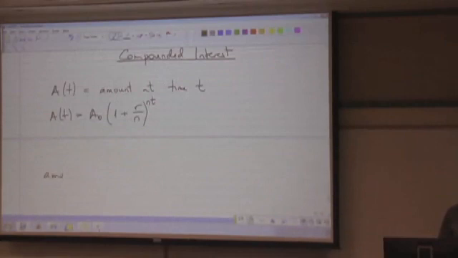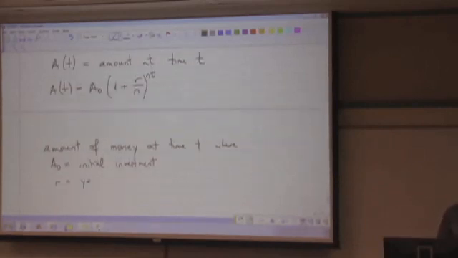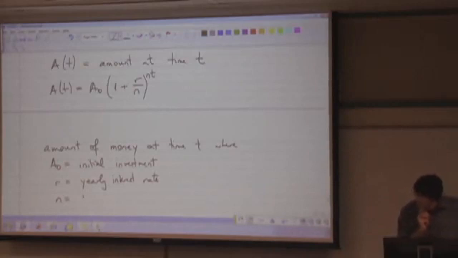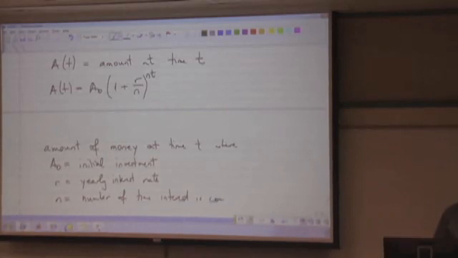This is the amount of money at time t, where A0 is the initial investment, r is the yearly interest rate, and n is the number of times interest is compounded per year.